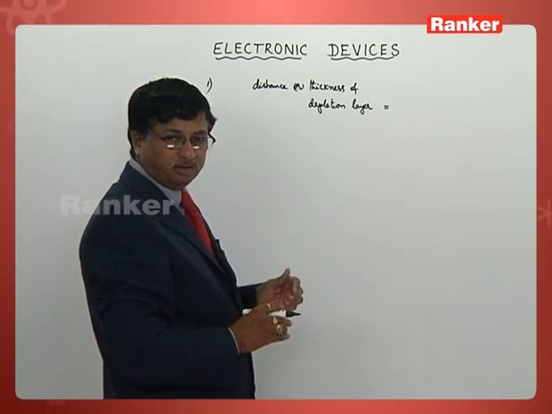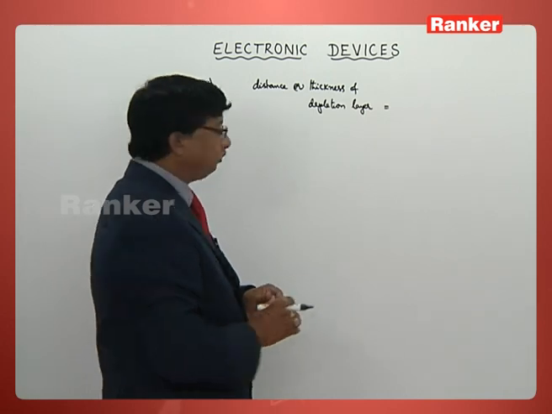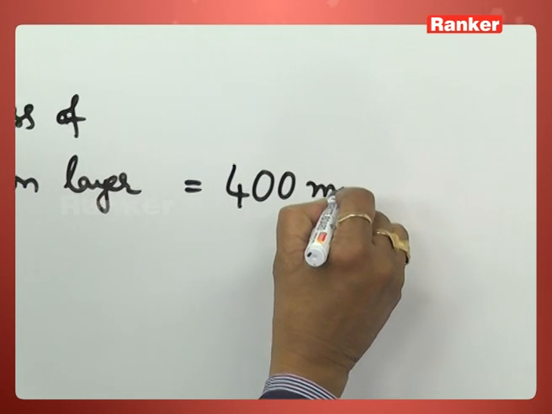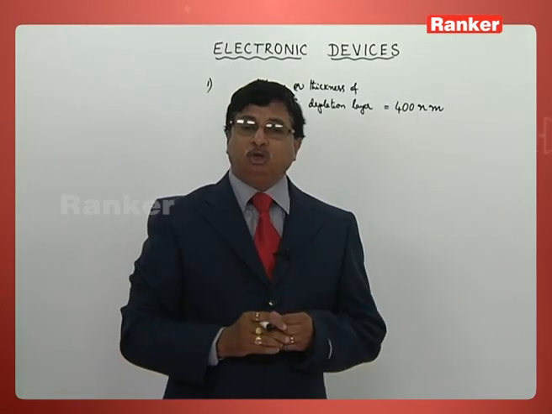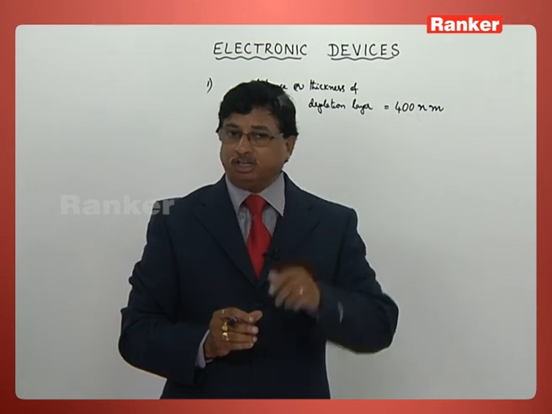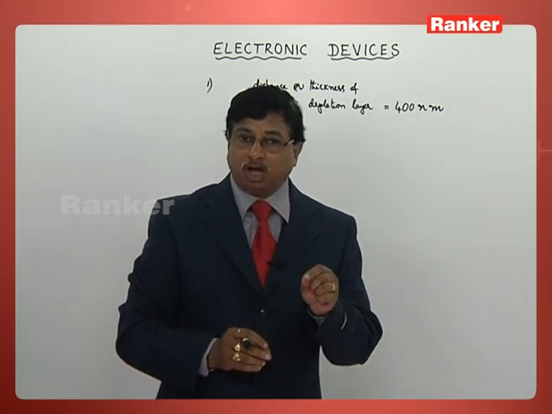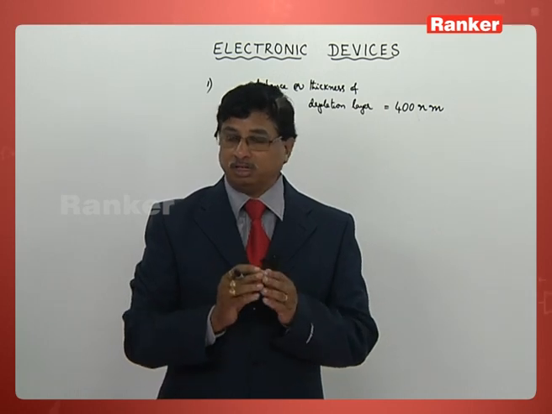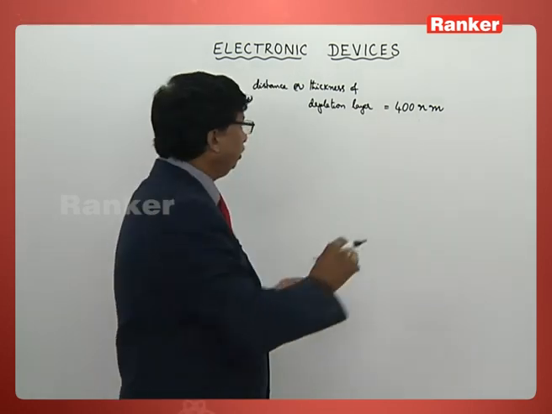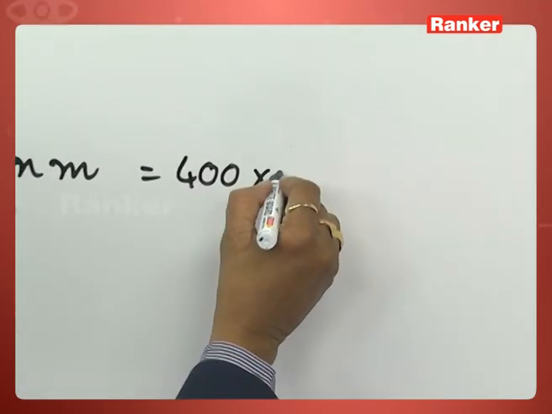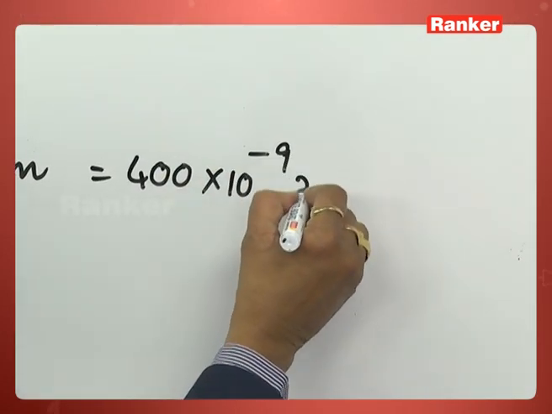You definitely can understand that value. So, you can directly write, look at the value given over there. The thickness of the depletion region is given as 400 nanometer. Remember this wording, nanometer, that you can all understand: 400 into 10 to the power minus 9 meter.